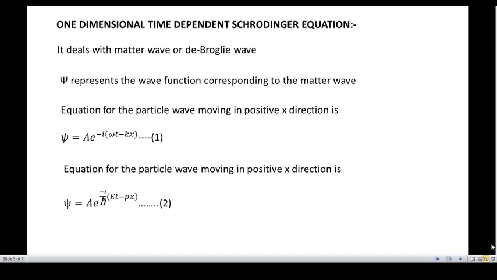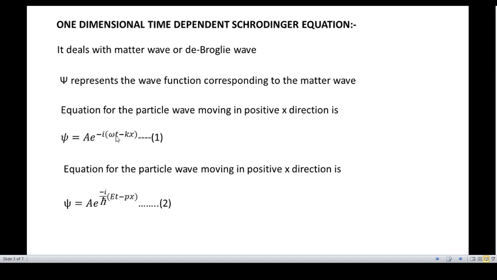The same equation can be further simplified by substituting for omega, that is equal to 2 pi into nu, and substituting for k consisting of the momentum. So we will arrive at an equation psi is equal to A e power minus i by h cross into (Et minus px). So this is an important equation.